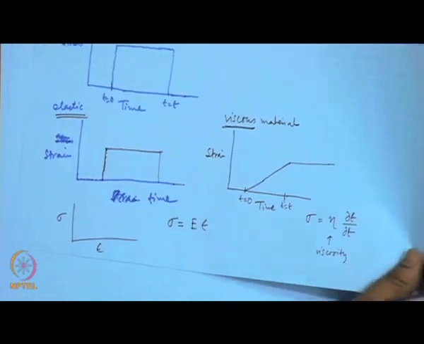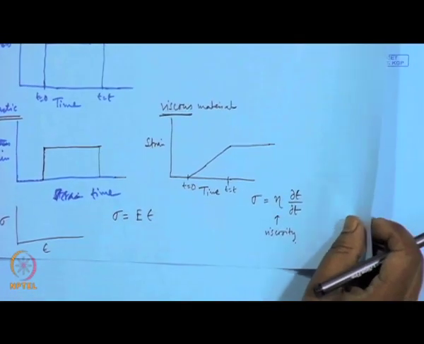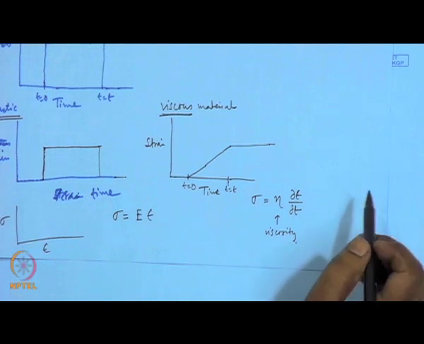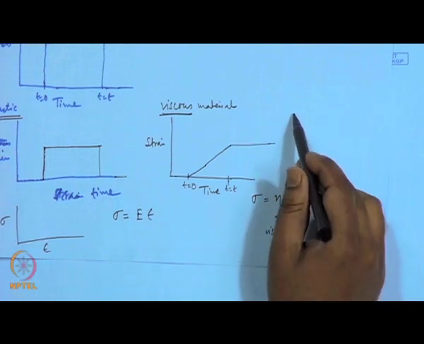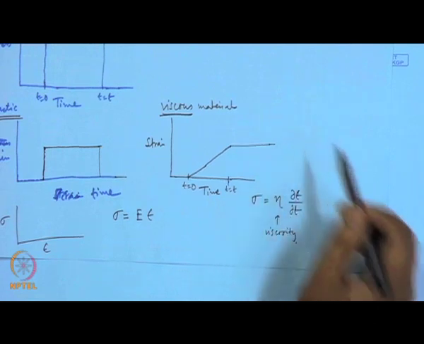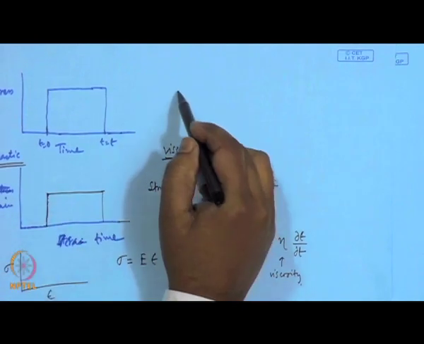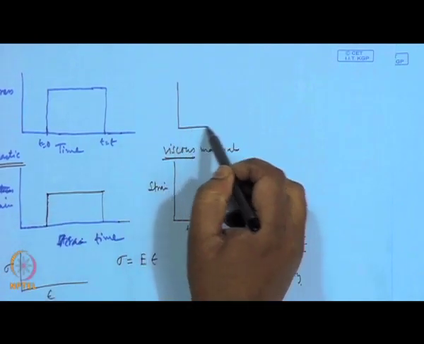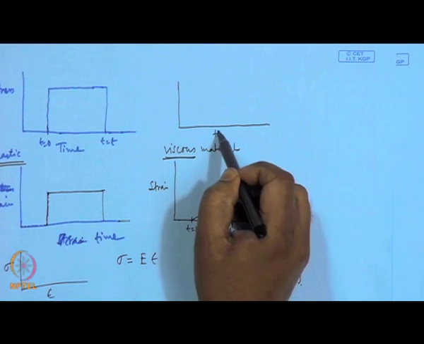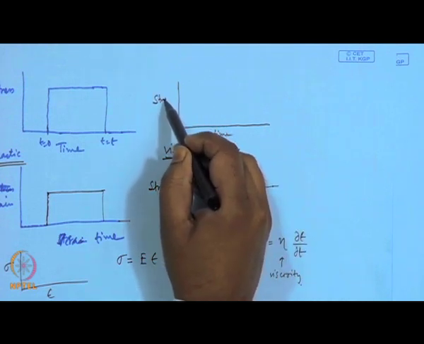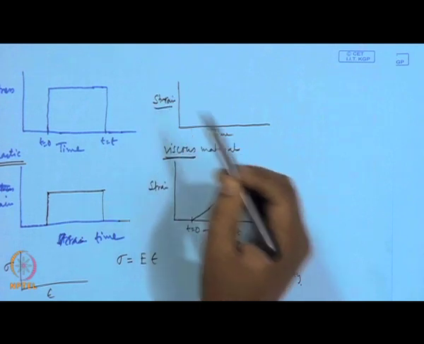What happened to a polymeric material, a viscoelastic material? How does it respond with time? Let me show here. Strain.